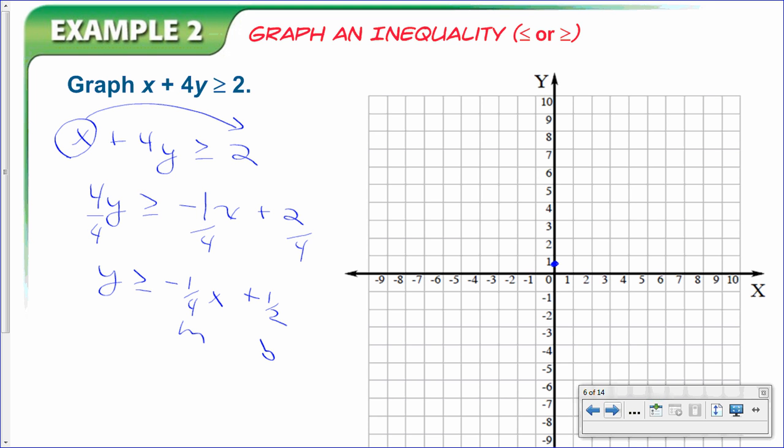Slope is negative, so it's going to be falling, right? Okay, so my rise. Now, would I go to 0 here, or would I go halfway between? I go halfway down, don't I? I go past 0, go halfway, and then count how many. 4, so halfway there, 1, 2, 3, 4. That's where my point should be.